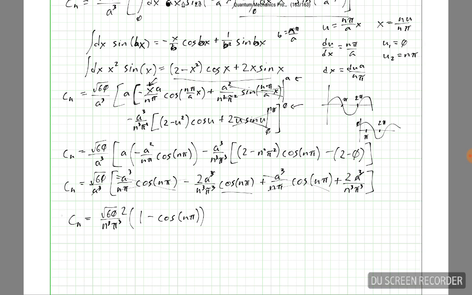So this is a really fun little result, because what it told us is that we have a difference between our odd states and even states. Because if n is even, then cosine is negative 1. So then we get 1 minus negative 1, and 1 minus negative 1. So 1 plus 1, we get 2.